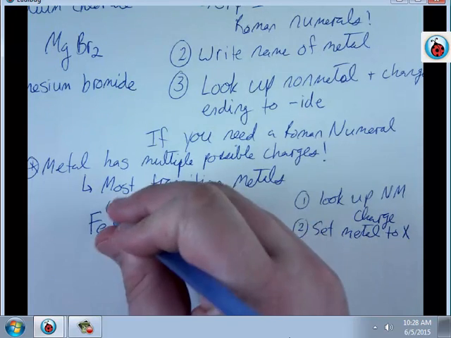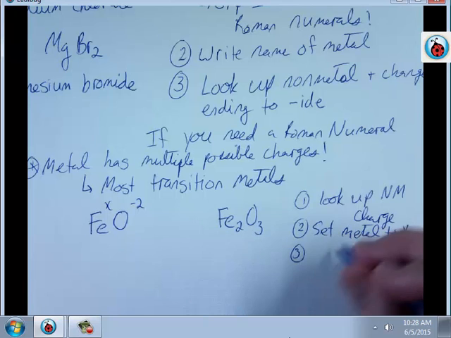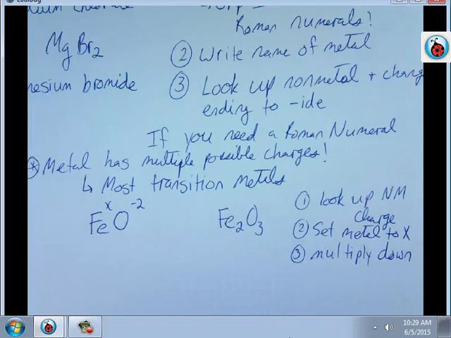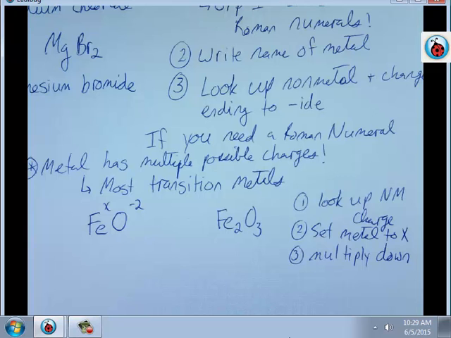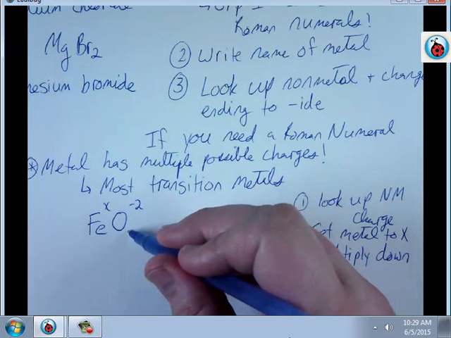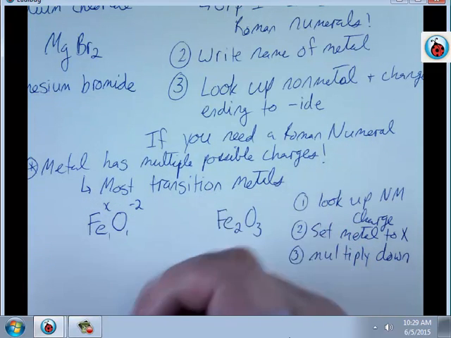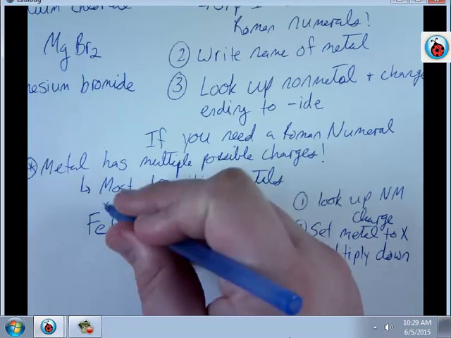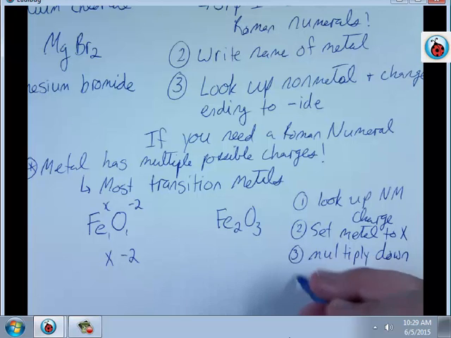And now we're going to multiply down. Remember, if there's no subscript, it's a 1. So -2 times 1 is -2. X times 1 is X. And that gives me a nice little equation here.